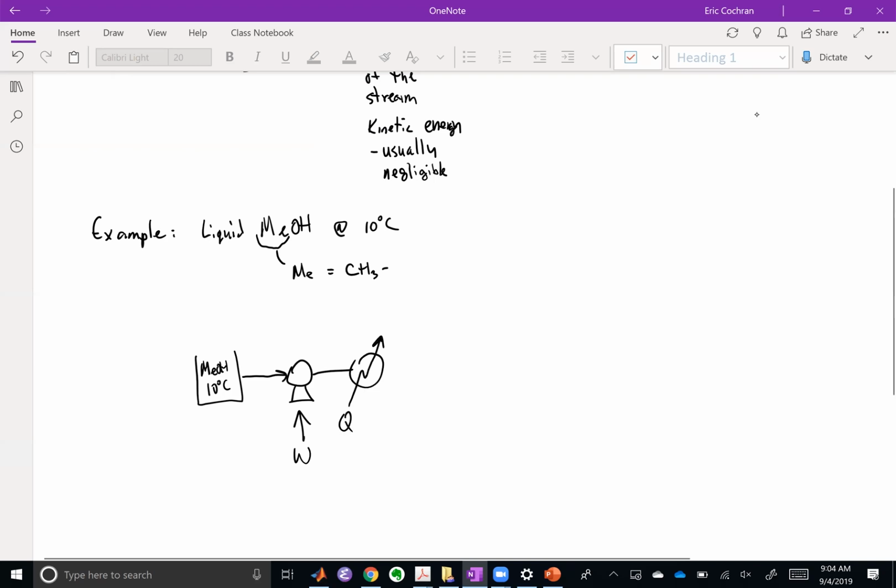We are going to pass it through a heat exchanger, and then it's going to go up a certain height to its final location. All right, the flow rate is going to be 10 moles per second.